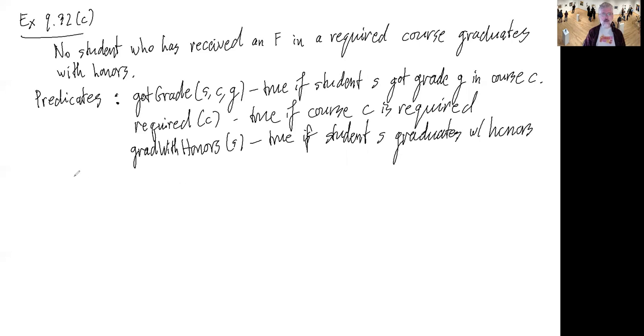Now, the translation: "no student" suggests to me there does not exist a student S. Now, we're focusing on the graduates with honors bit. We're saying no student that does something graduates with honors. So I think we want graduates with honors down here, which I'm going to just write in English for a second.